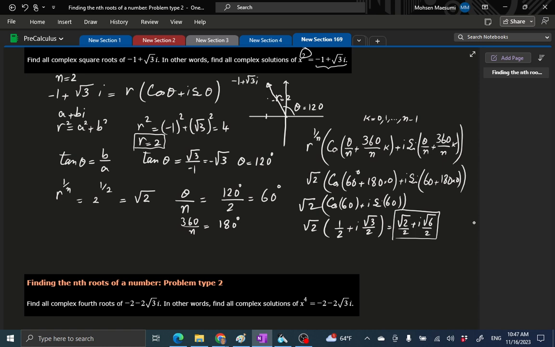How about the other one? We keep going. k from 0 to n minus 1. My n is 2, so we stop at k equal to 1. So the next solution is radical 2 times cosine of 60 plus 180 times 1, which is 180, plus i sine of same thing, 60 plus 180 times 1.